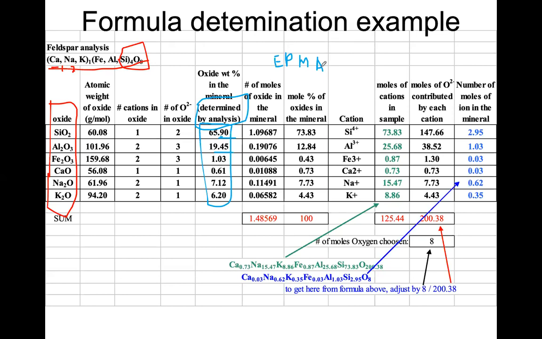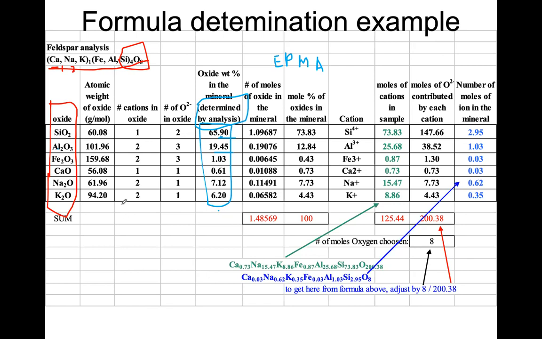That means it's a destructive method, but the EPMA is not a destructive method. It's a non-destructive method, right? So you measure it and you get SiO2, aluminum, ferrous or ferric iron, potassium, sodium, everything as a list, right? So now we make a table.